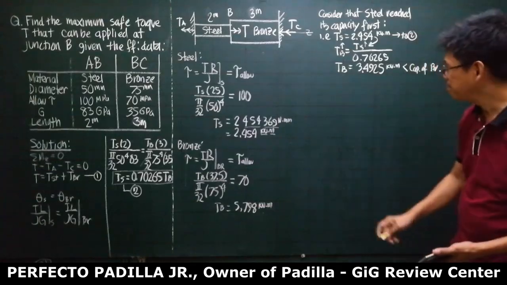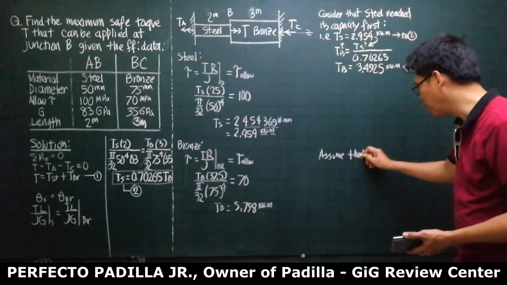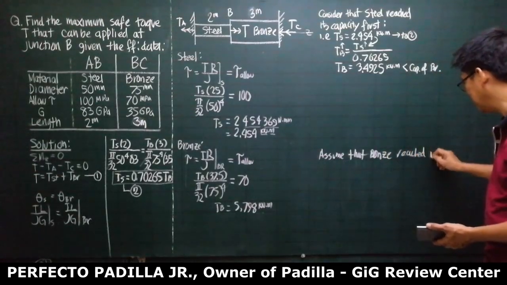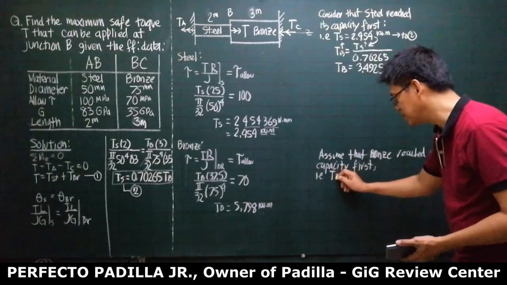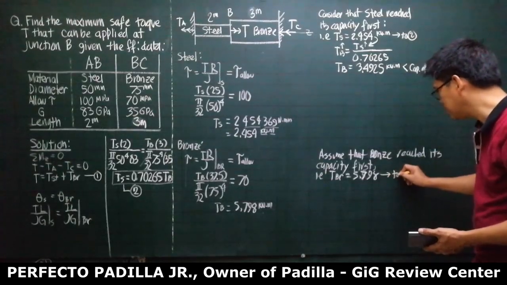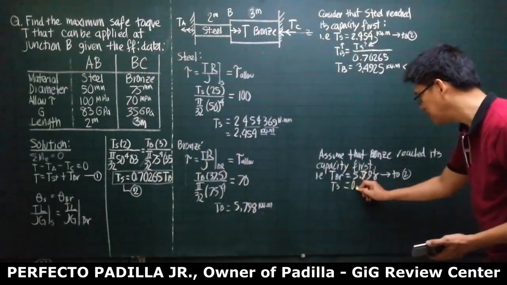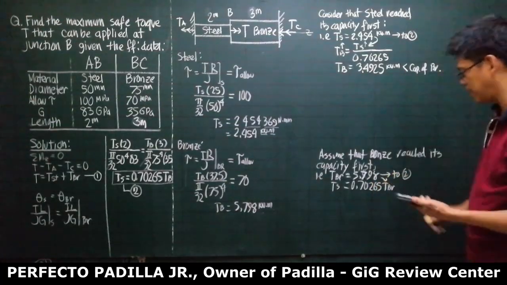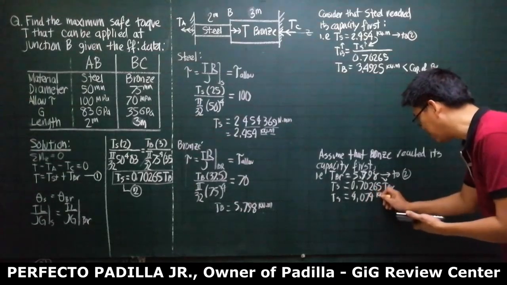You follow? Look here. If I assume, just for comparison, that bronze reaches its capacity first, that is T in bronze is 5.798, then substituting this to equation 2, the T in steel is going to be 0.70265 of T bronze, which is 4.074 kilonewton meter.